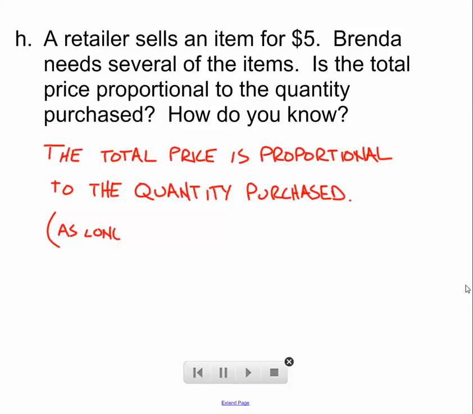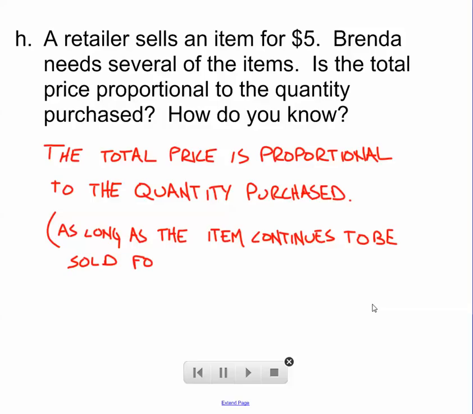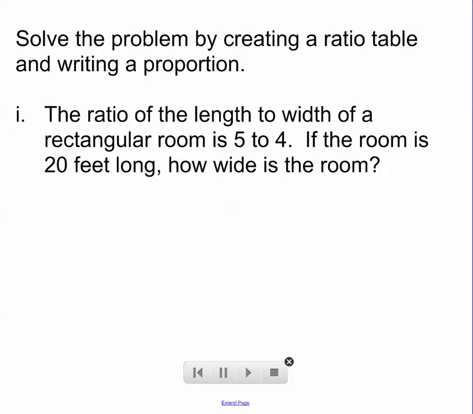So I'm going to say it's proportional as long as the item continues to be sold for $5. If they start giving you a discount after 1,000 items, then it's not proportional anymore.